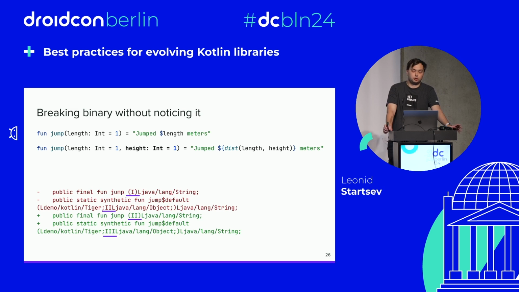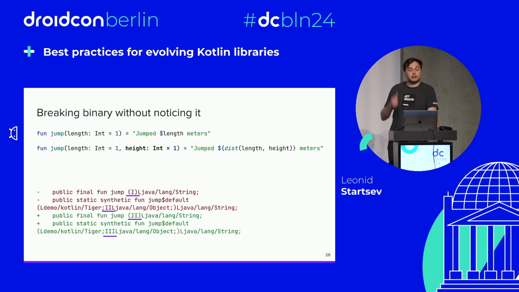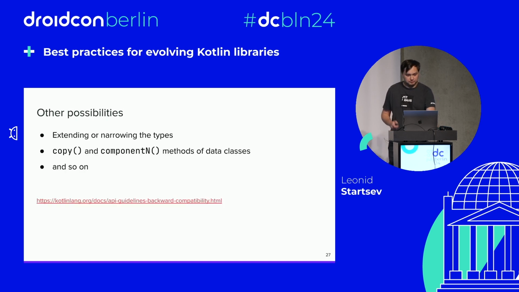And according to Java rules, this is an incompatible change because essentially we deleted one method and added another, and deleting a method causes NoSuchMethodException. So this is a very dangerous type of change because you can easily miss it, since you preserve source compatibility. But if you release such a change in your library, your users probably won't be very happy.